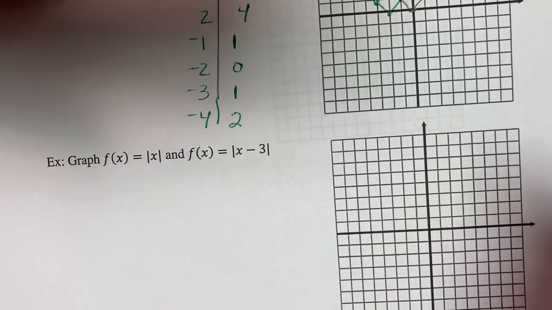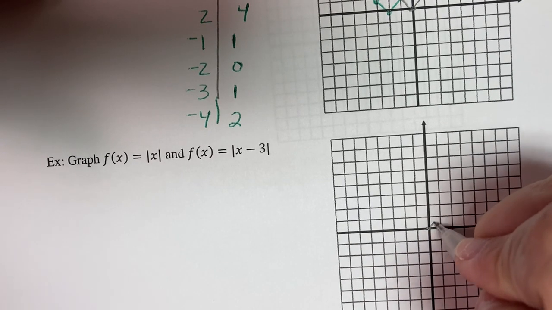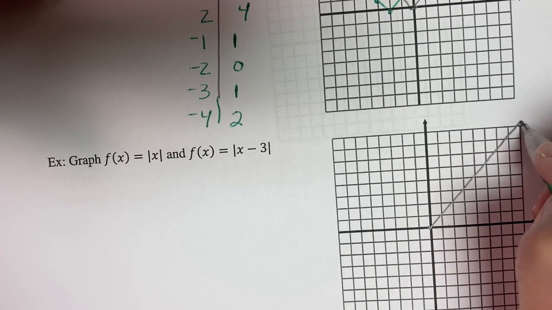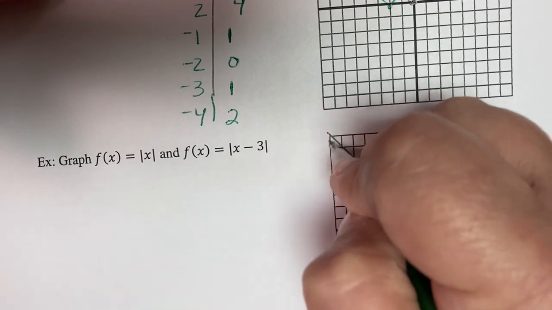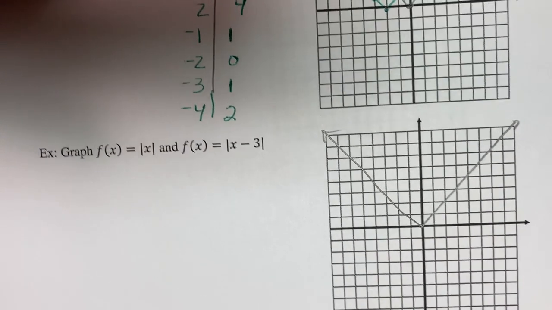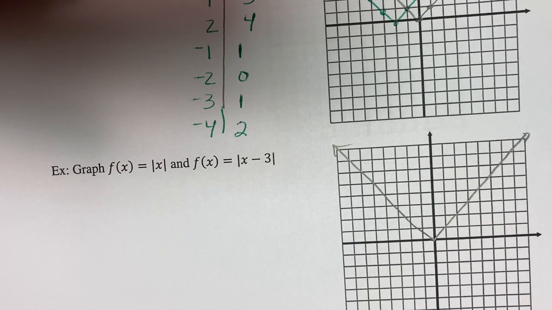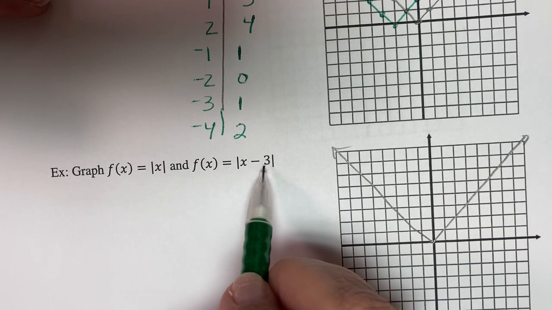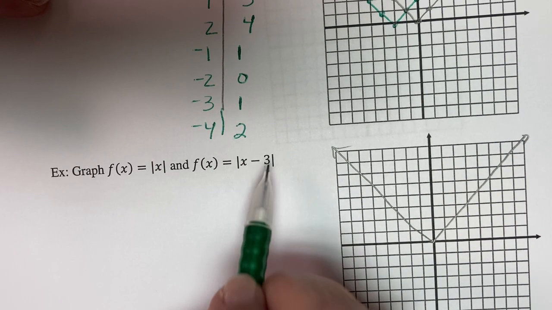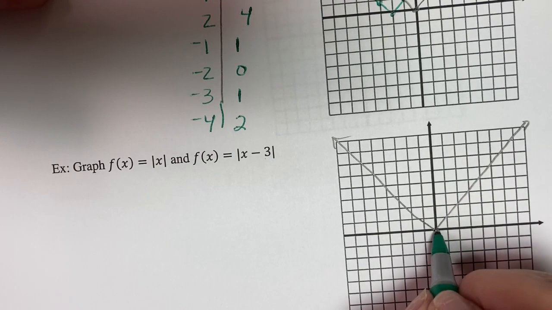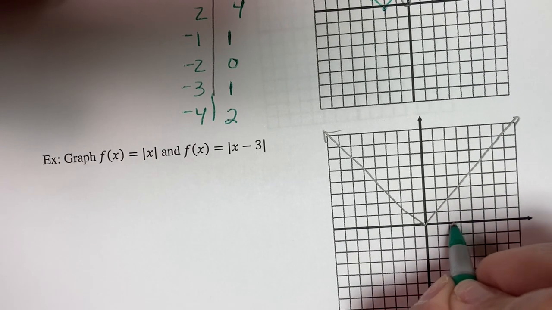Now it's probably not going to be a surprise, so I'm just going to quickly graph my original. So there's my X, okay. So now, what do you think this is? Well, this is going to be a shift of to the right 3. So this vertex is going to go to the right, 1, 2, 3.